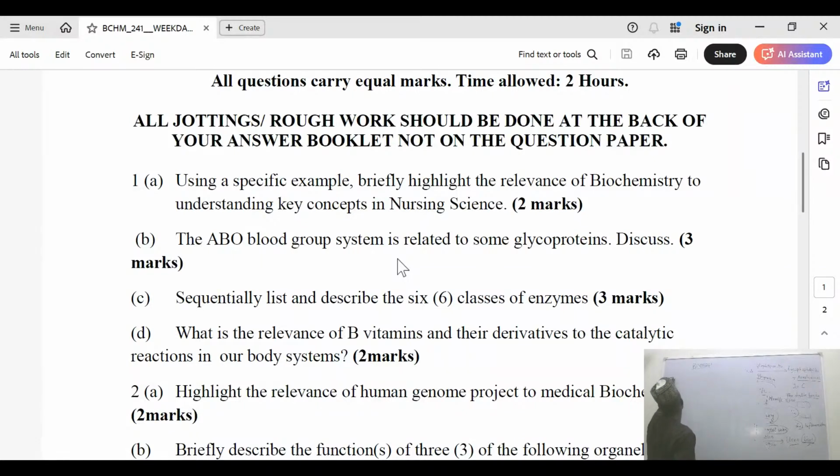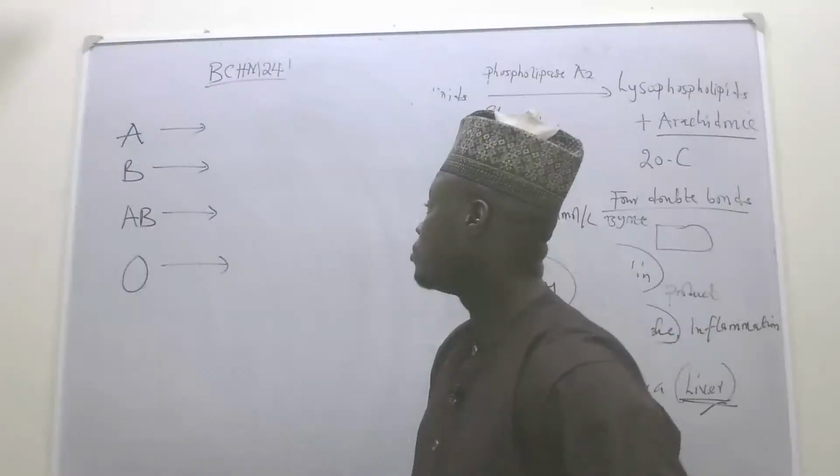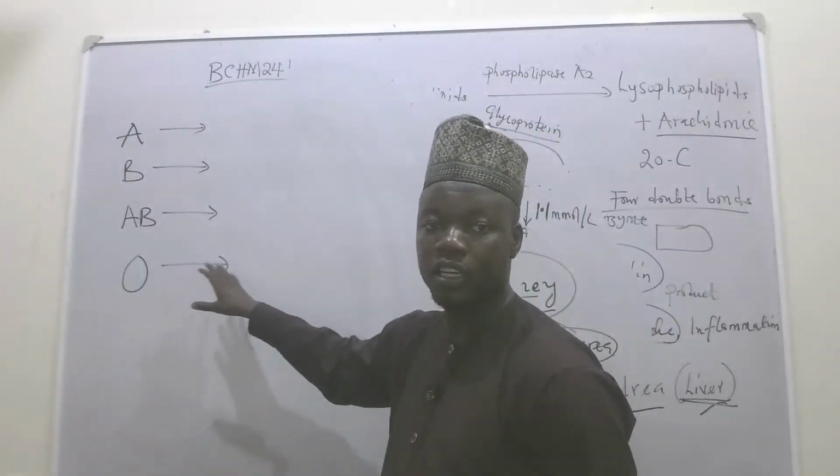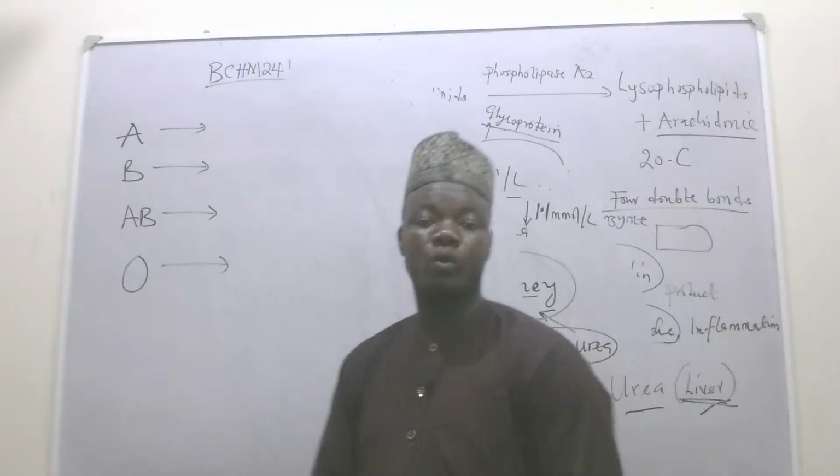So we have blood group A, blood group B, blood group AB, and then blood group O. What is the name of the sugar found in blood group B? What is the name of the sugar found in blood group AB? And then the name of the sugar found in blood group O. That is what I am asking.